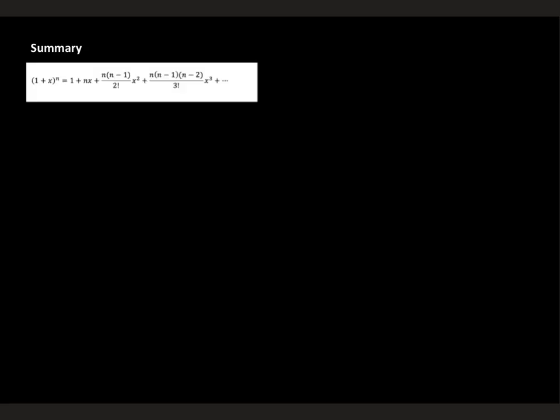So we're going to end with a very quick summary of what we've learnt so far. Now we can use this formula, 1 plus x to the n equals 1 plus nx plus n(n minus 1)x squared over 2 factorial, etc., to perform any binomial expansion for any value of n.